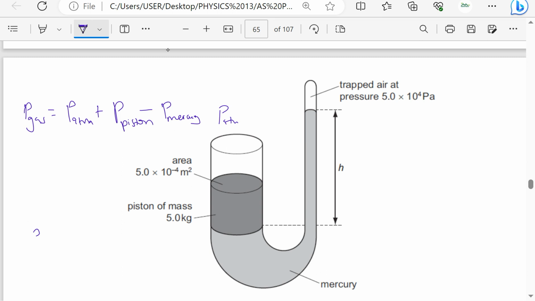So it means the gas is at a pressure which is lower than the sum of these two. But by what amount?